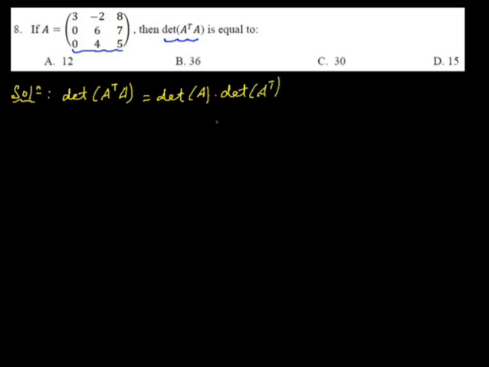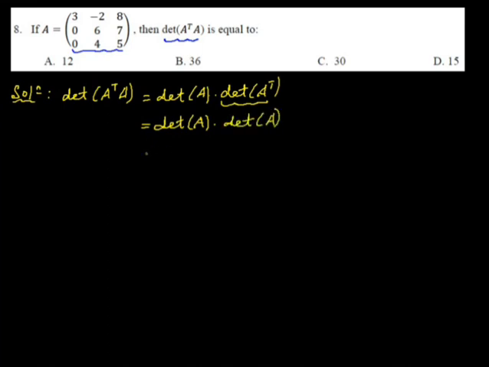From the property of the determinant, the determinant of A and the determinant of A transpose are the same. So we can write it like this. This is equivalent to determinant of A times determinant of A.